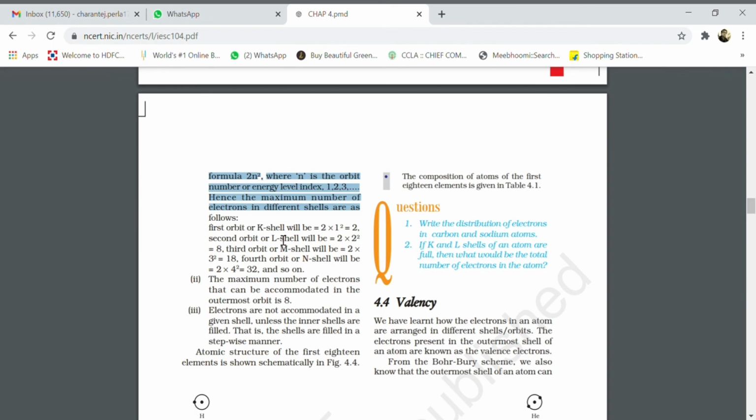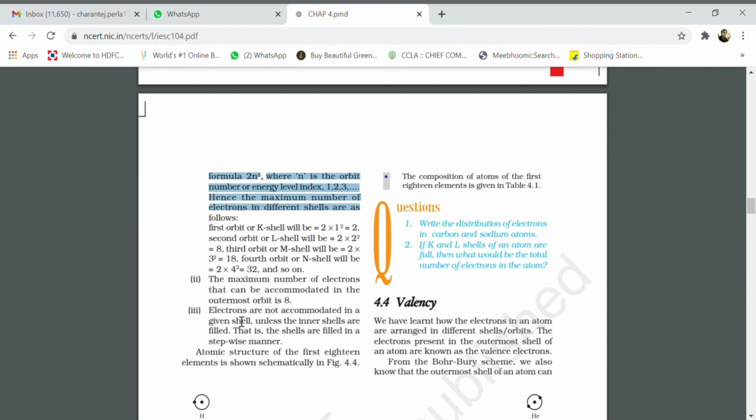In the second shell, that is the L shell, we multiply 2 by the number of the shell, 2, squared, and we get 8. So 8 electrons will be filled in this shell.